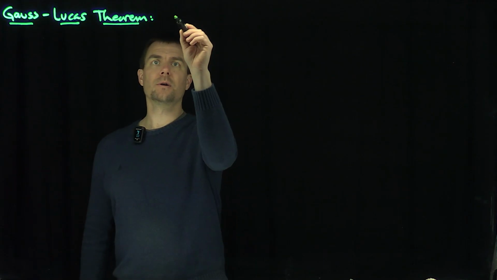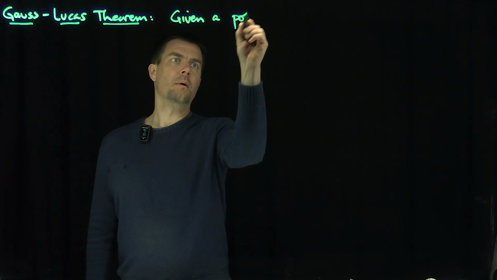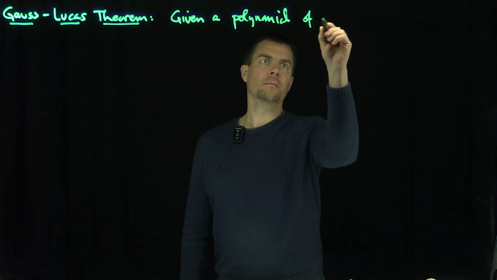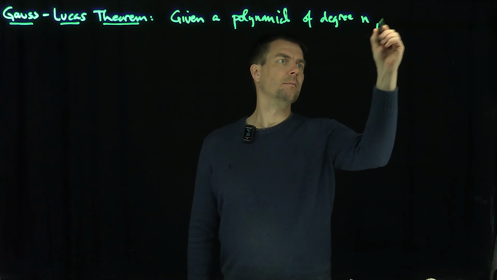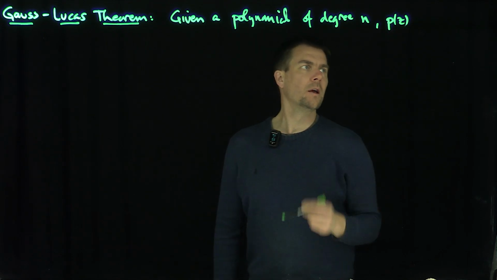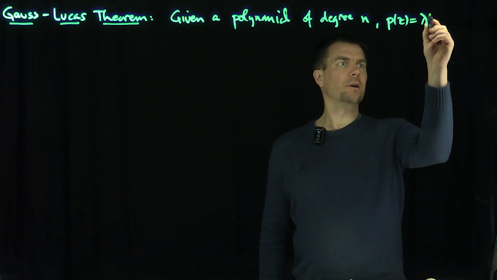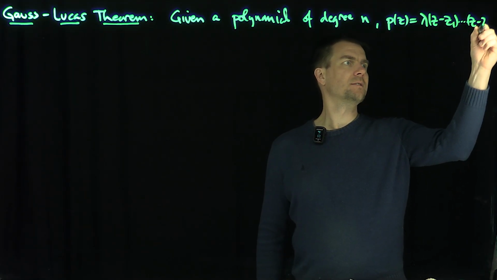It says, given a polynomial of degree n, of course these are complex polynomials, right? What do we know about polynomials of degree n? I can write them as some number lambda times (z minus z1) through (z minus zn).